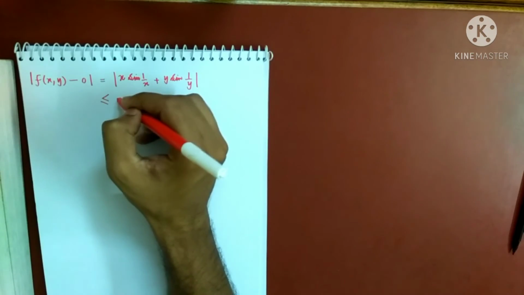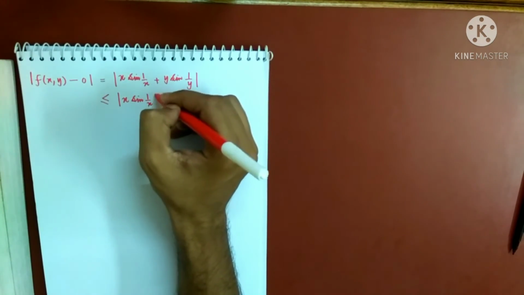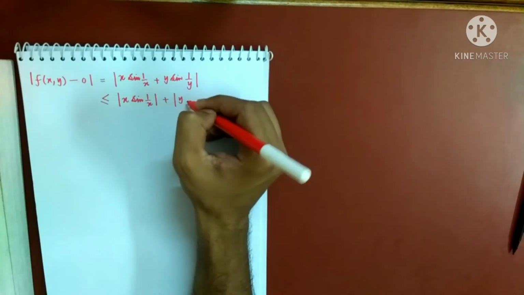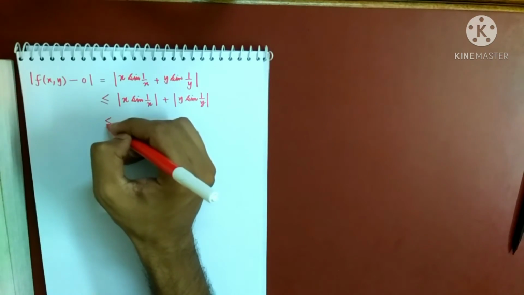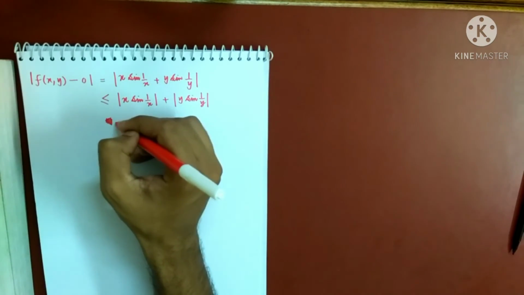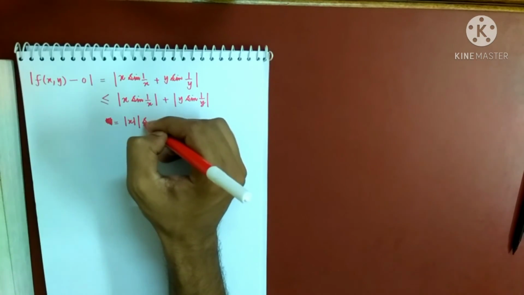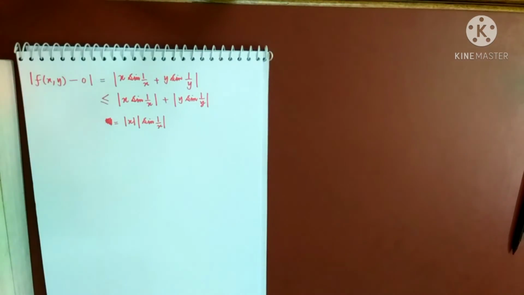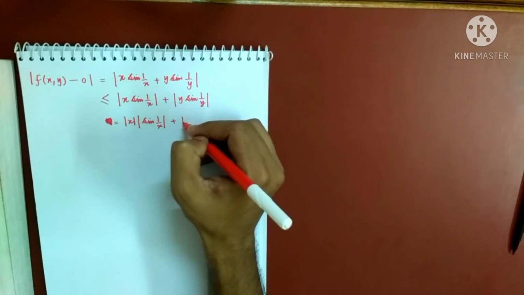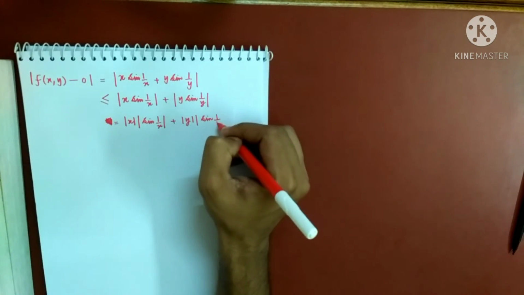This is less than or equal to modulus of x sine 1 by x plus modulus of y sine 1 by y. Actually, this is now equal to mod x mod sine 1 by x, because you know mod of AB can be written as mod A into mod B, and this is again mod y mod sine 1 by y.